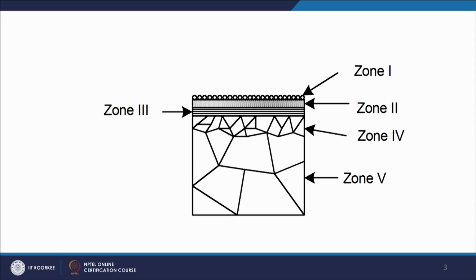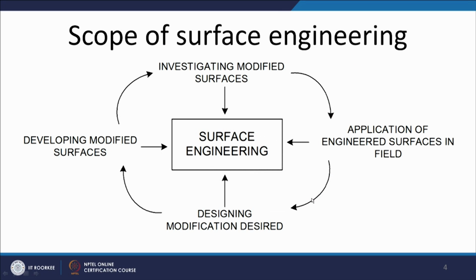In ion implantation, this diagram shows 5 different zones. The top zone has absorbed gases and moisture, the second zone is oxide, the third zone is the deformed layer, the fourth zone is the deformed microstructure, and the fifth is the unaffected base metal.